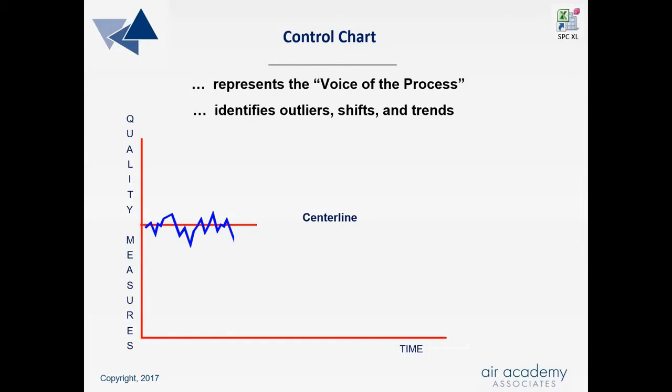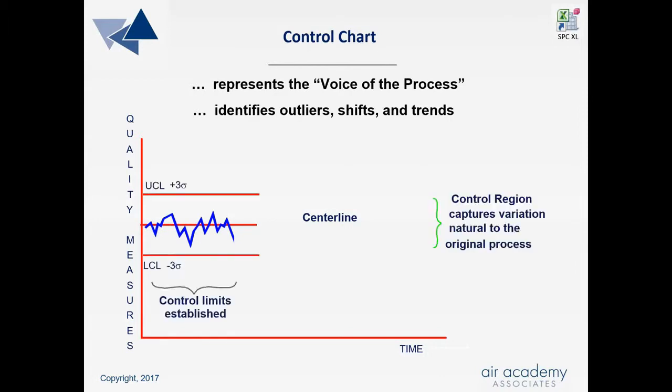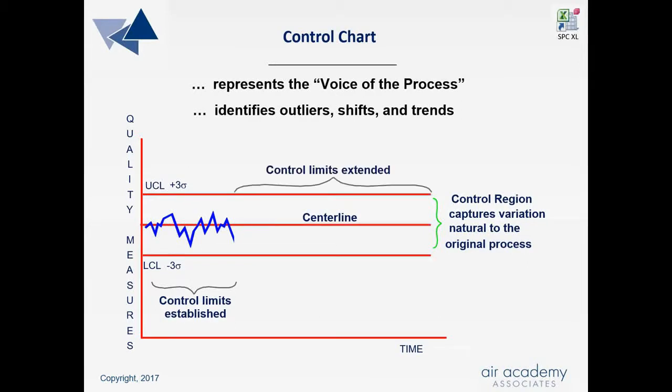Then SPC XL will calculate the upper and lower control limits at plus or minus 3 sigma above and below the center line. As you recall, plus or minus 3 sigma should capture about 99% of the natural variation of the process performance measures. Then the software extends the control limits and we watch the process behave.